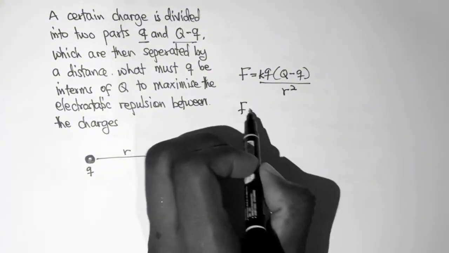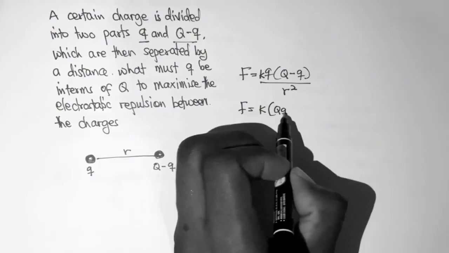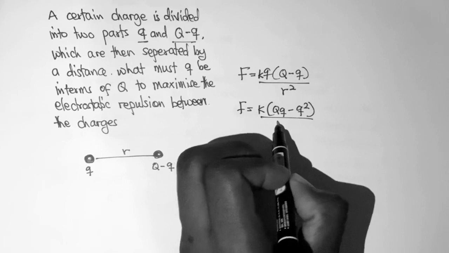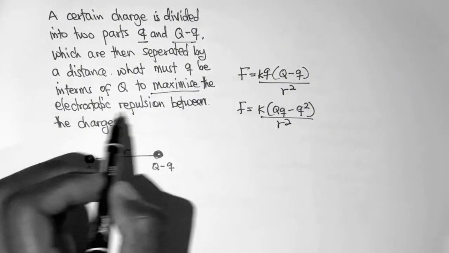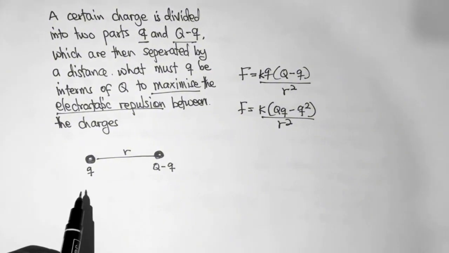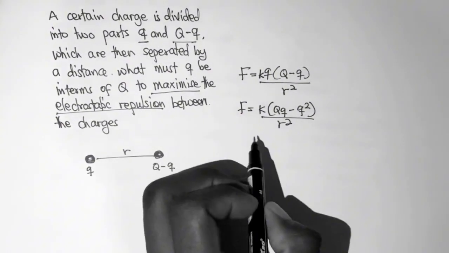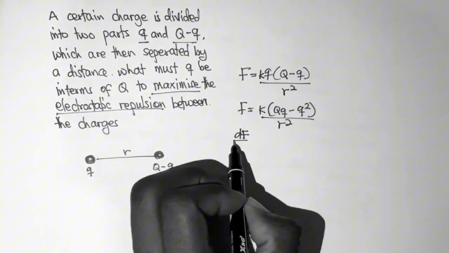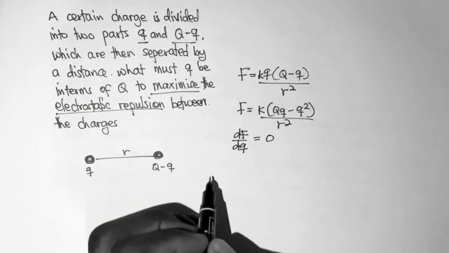So F is equal to k times (Qq minus q squared) divided by r squared. But from the question, we want to maximize the repulsion between them. So the maximum will occur where dF/dq is equal to 0.